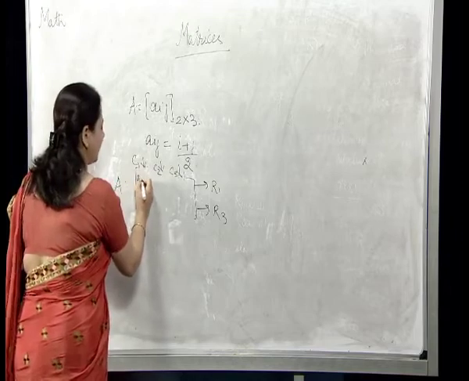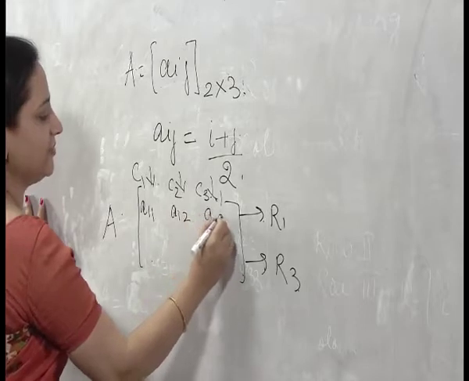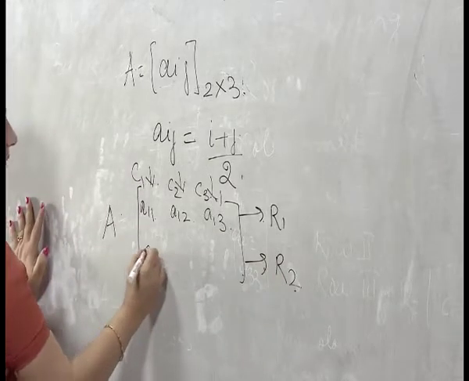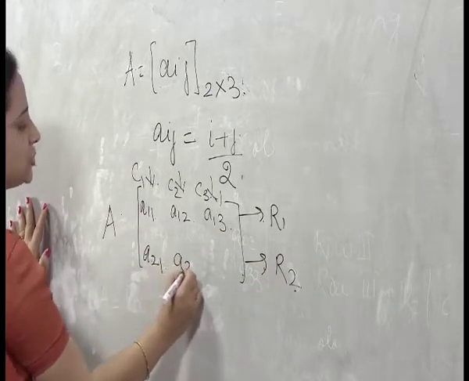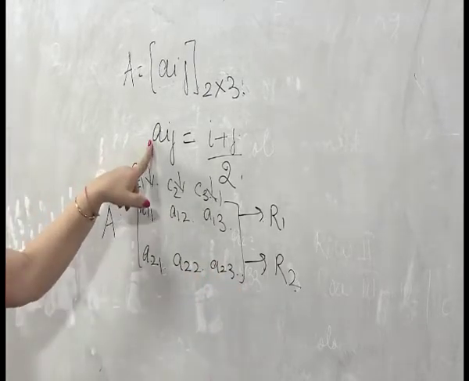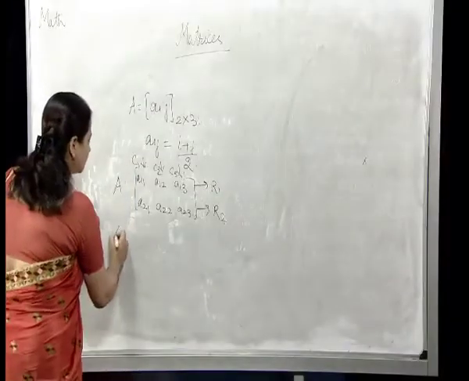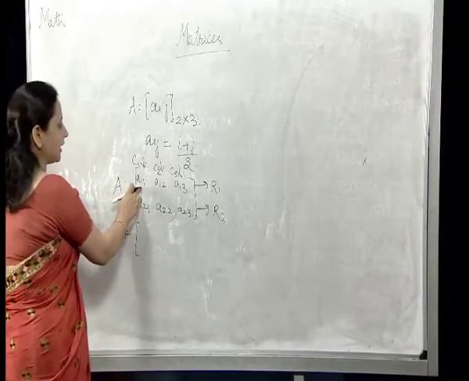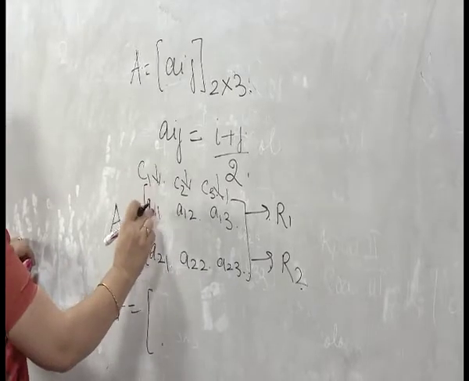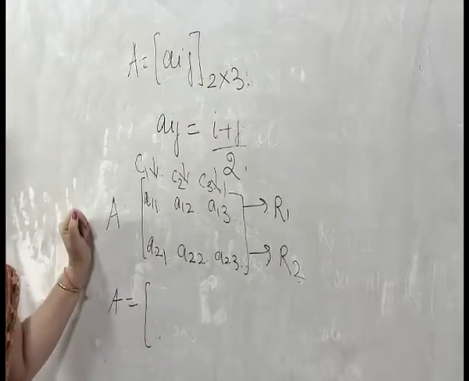So you will have A11, A12, A13, and the second row will be A21, A22 and A23. Now the formula to write the elements is given by (i plus j) by 2. So what I have to do is write the values of i and j from here in this formula and we will find the elements of the matrix.